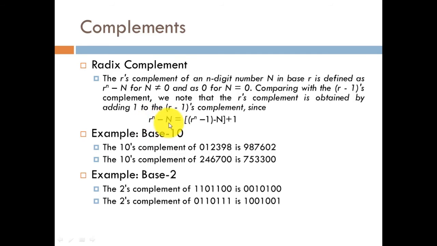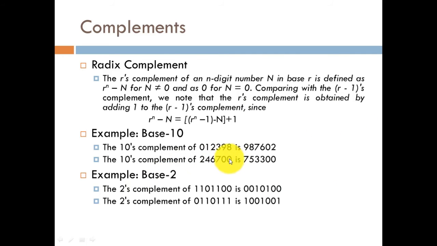We can simply manipulate this expression as r to the power n minus 1 minus N plus 1. So we have simply added 1 and subtracted 1. But r to the power n minus 1 minus N represents the r minus 1's complement, and if you add 1 to this, you get the r's complement. This is what we are trying to make you understand.